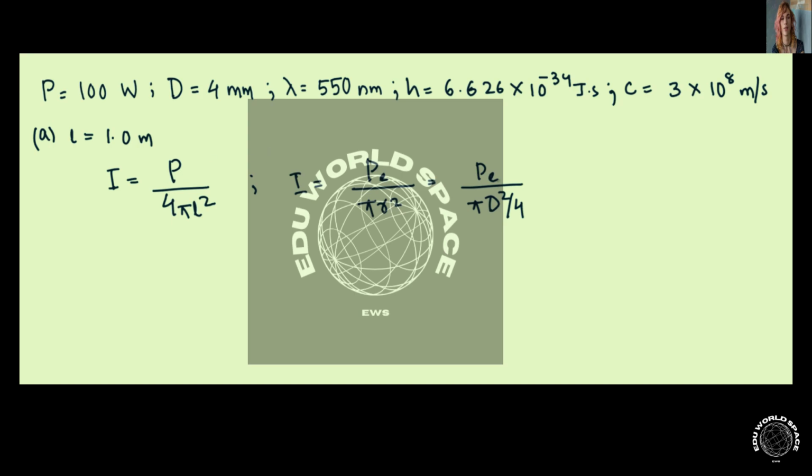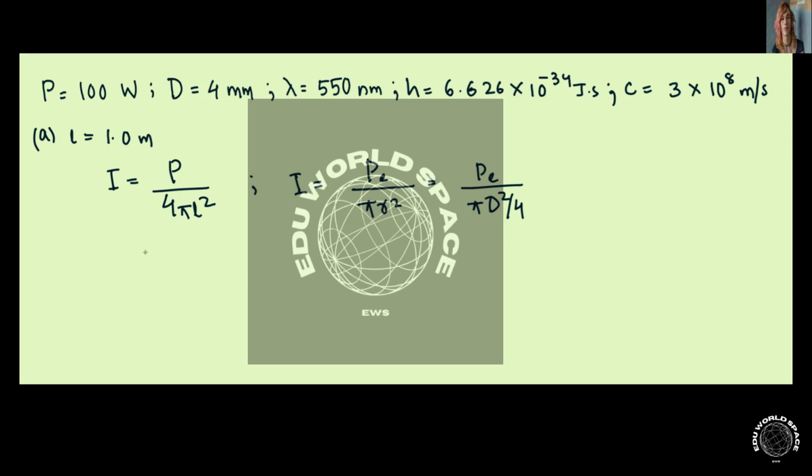Now this power is different from this power, and so are the two areas. This is the power in the visible spectrum, and this is the surface area of the whole sphere. This power is getting distributed over this whole area, and the intensity reaching the eye is also equal to the total intensity, which is equal to the power entering the eye over the area of the pupil, pi r square.